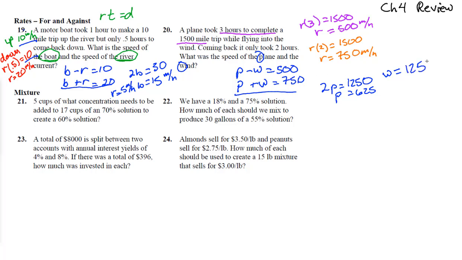So the wind was 125 miles per hour and the plane at 625 miles per hour. And again, it kind of makes sense that if they're flying against each other, you subtract them and you get 500 miles an hour, and with the wind behind him, 750.